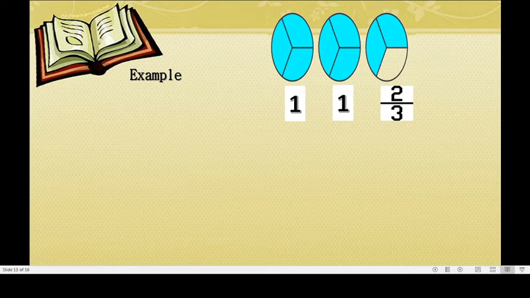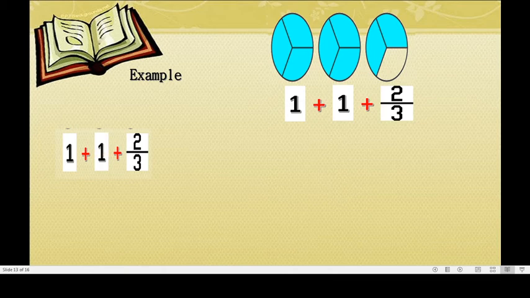When added together, what is the sum for that? When we add it together, 1 plus 1 plus 2/3 is equal to 2 and 2/3.